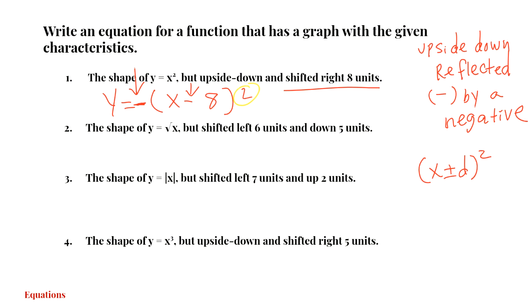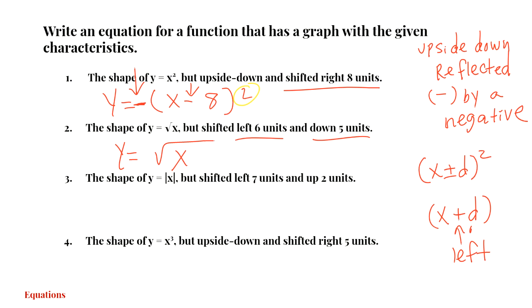So the second one, I have the shape of y is equal to the square root of x. And it says it's going 6 units to the left and down 5. So we know whenever something is plus inside, it goes to the left.